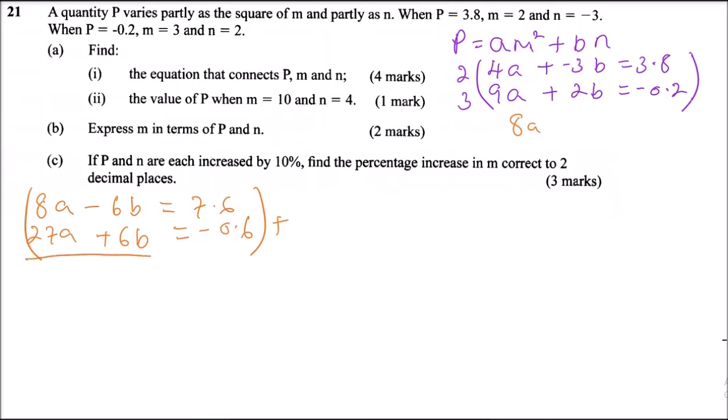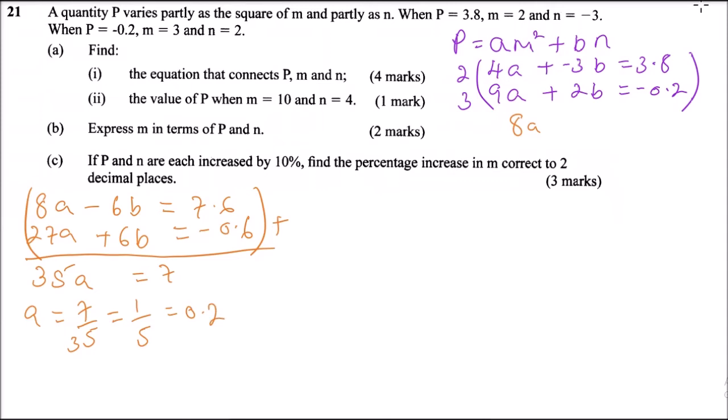When you add, you get 35a is equal to 7. So a is equal to, not 35 but 7 over 35, which is 1 over 5, which is the same as 0.2.